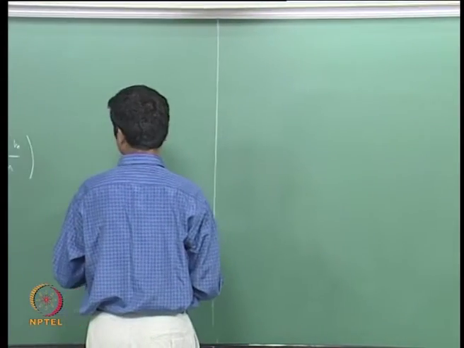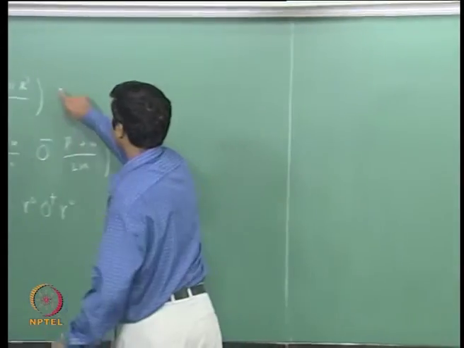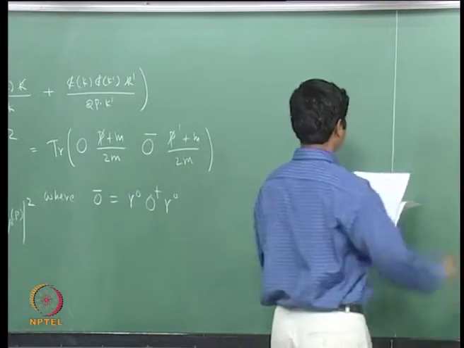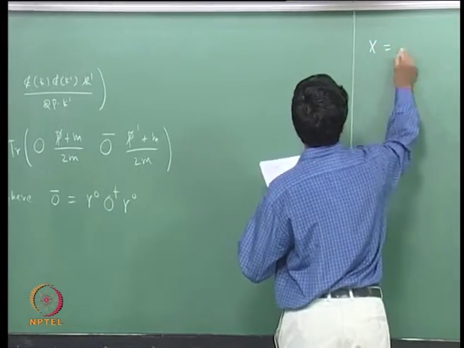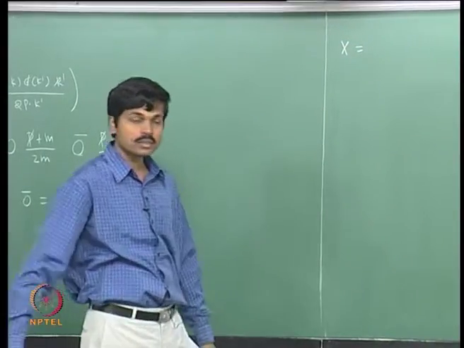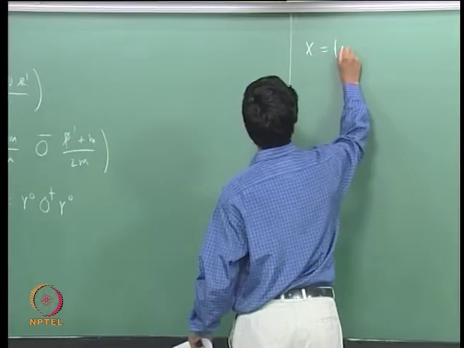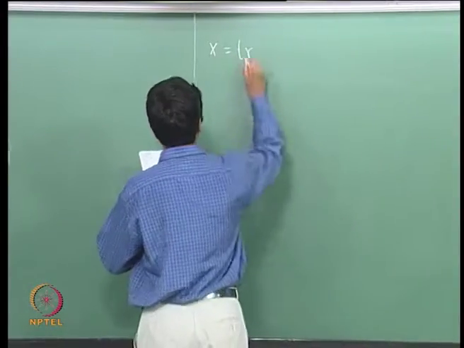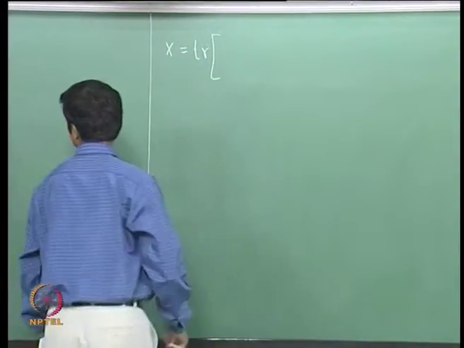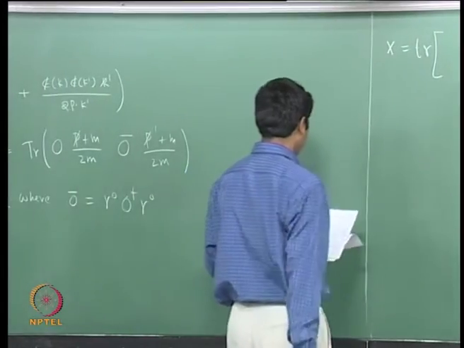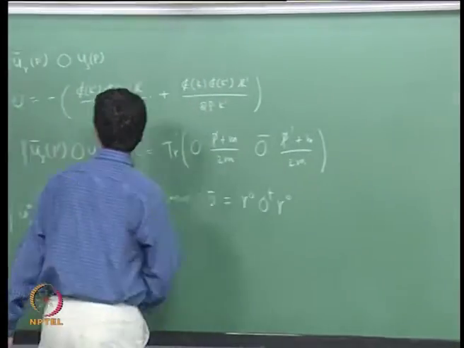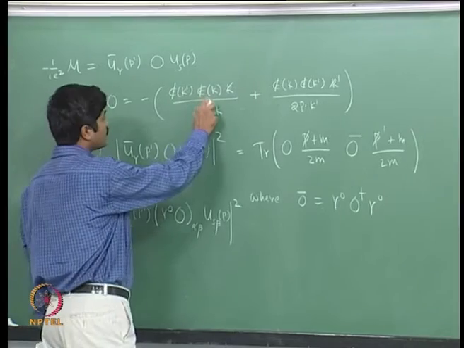So let us put this for the operator O, then I will denote this quantity to be x. So, x is trace of epsilon. I will repeatedly use these expressions.